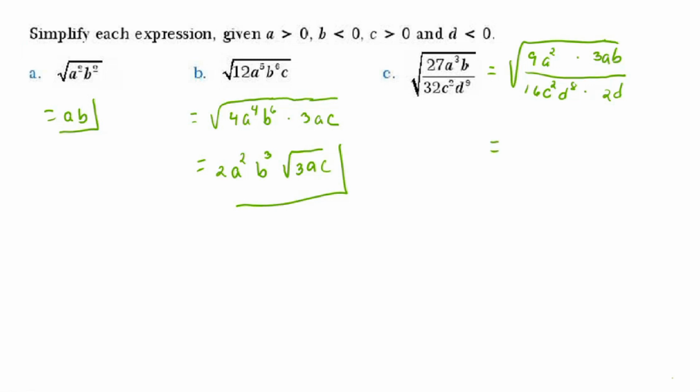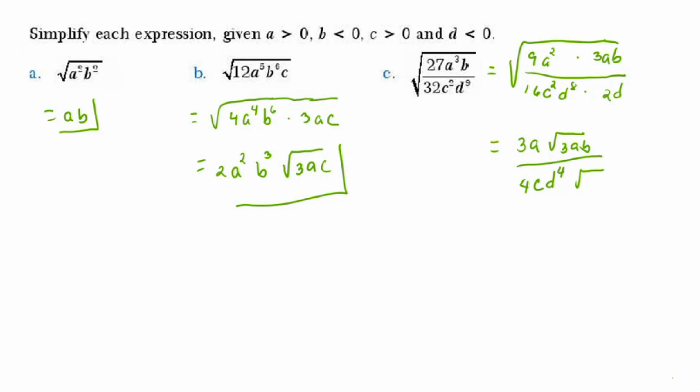So what is the square root of 9a squared? We have 3a, the square root of 3ab, over the square root of 16c squared d to the power of 8. The square root of 16 is 4. The square root of c squared is just c. The square root of d raised to 8 is d raised to 4, because 8 divided by 2, which is the index, gives you the exponent 4.